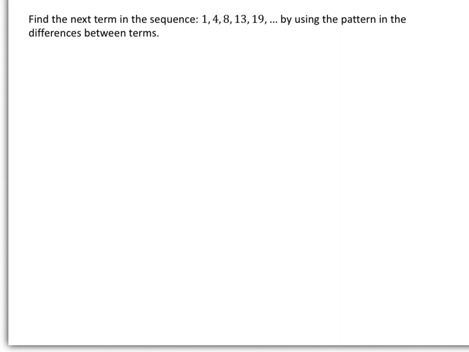On this final problem, what you'll discover is that there is no geometric or arithmetic sequence here. However, if we look at the differences, we have a difference of 3. Our next difference is 4, from 8 to 13 is 5, from 13 to 19 is 6.